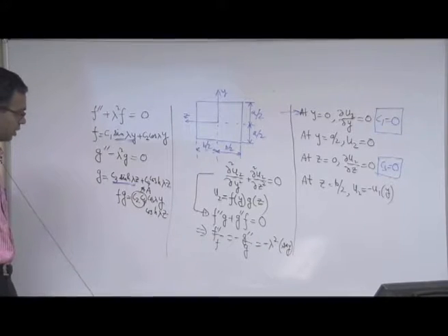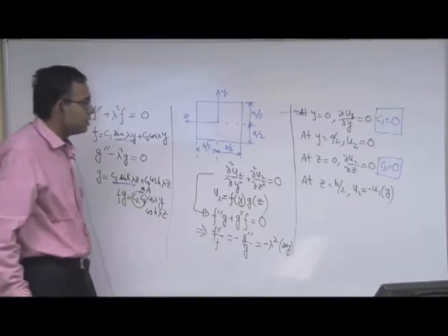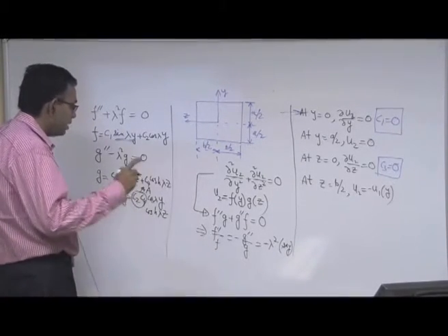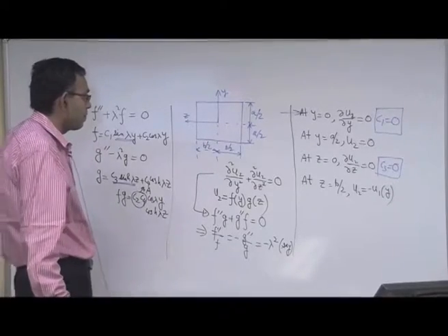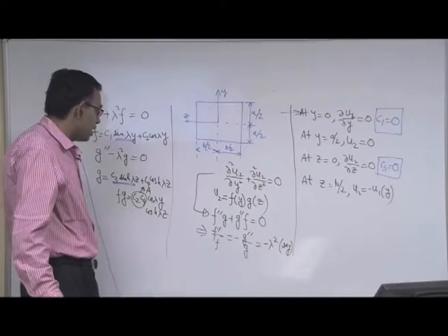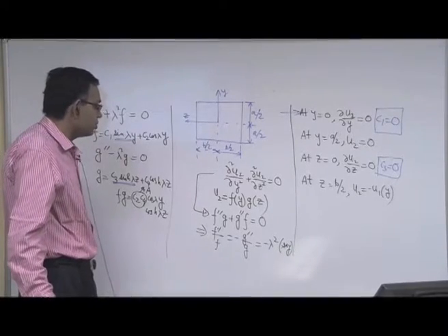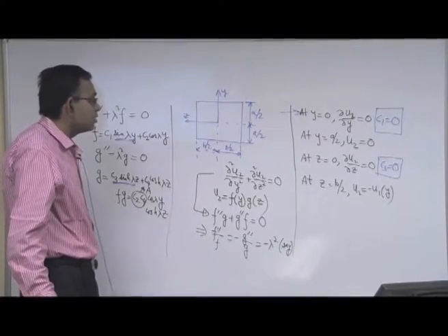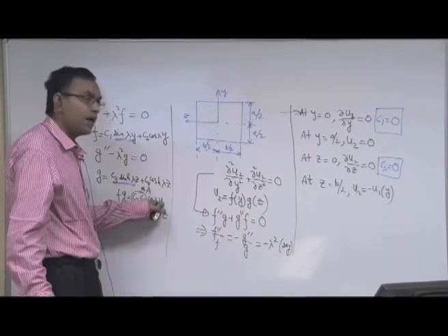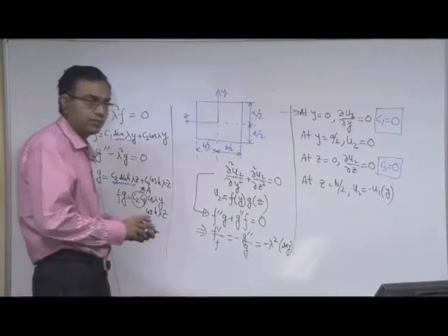Now you have at y equal to a by 2, u2 equal to 0. So we apply the second boundary condition. At y equal to a by 2, u2 equal to 0, that means cos lambda a by 2 is equal to 0.